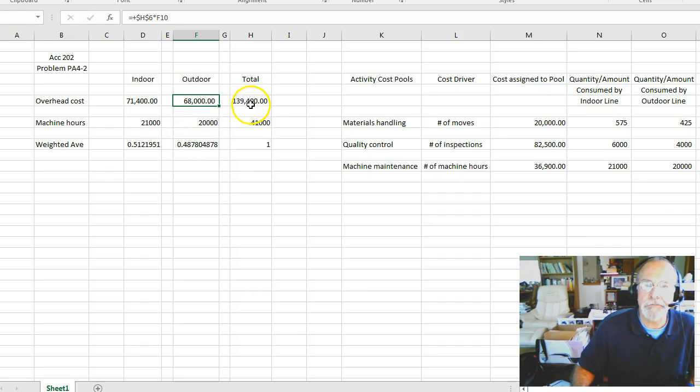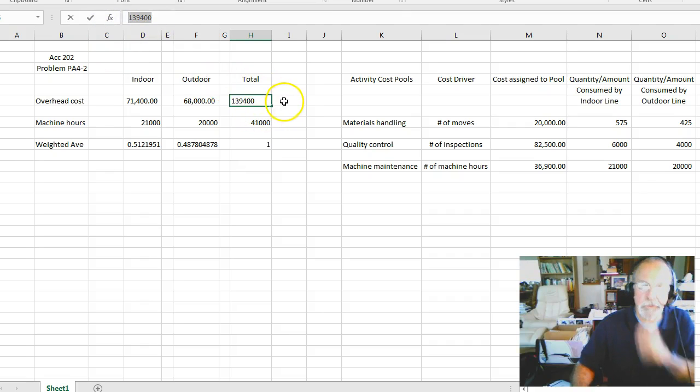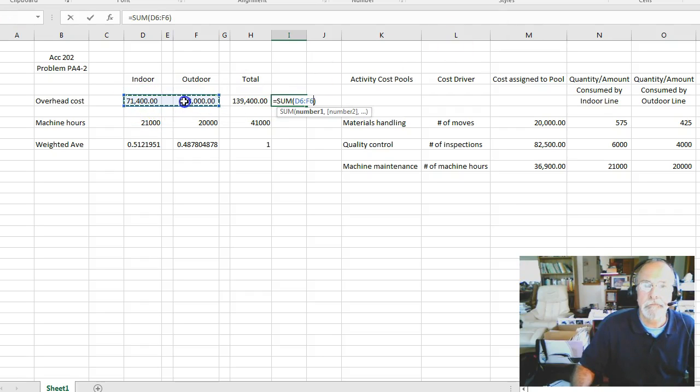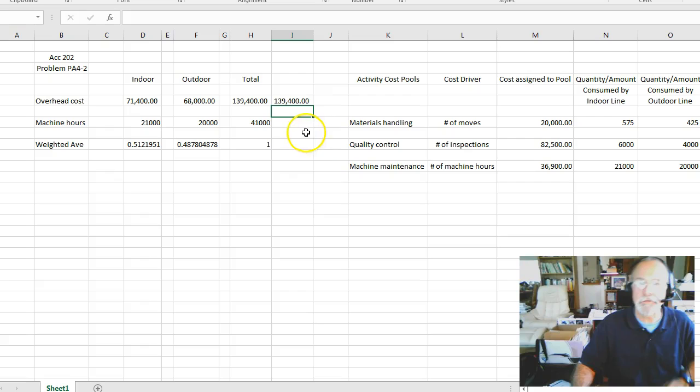And of course, this is a whole number in here, so what we'd want to do is double check that our calculations are correct by, why don't we use the sum formula, by summing these two amounts and making sure that we're correct.